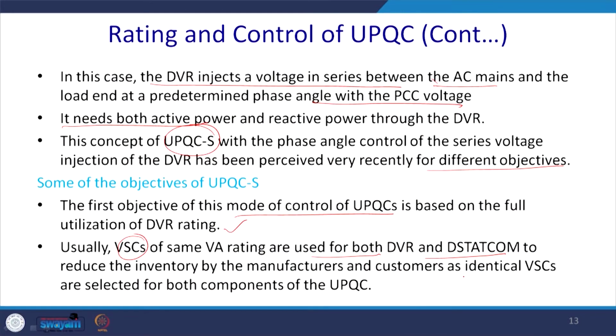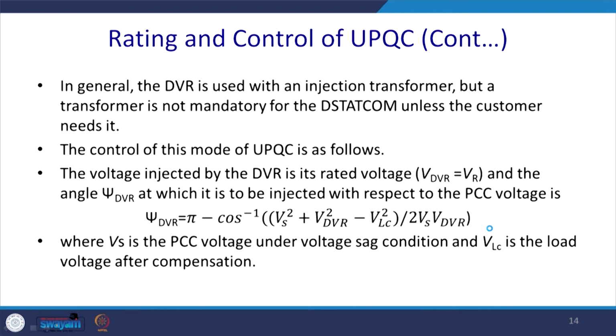To reduce the inventory for manufacturers and customers, identical voltage source converters are selected for both components of the UPQC. In general, the DVR is used with an injection transformer, to get rid of the high frequency switching ripple which we have seen in our previous lecture.